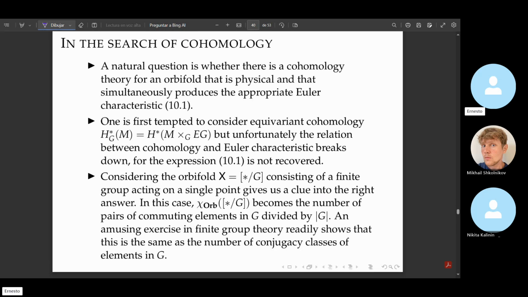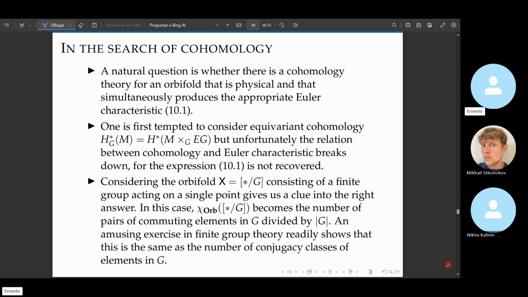Then the Euler characteristic of these orbifolds becomes the number of pairs of commuting elements in G divided by the order of G. And this, as an exercise, is the same as the number of conjugacy classes of elements in G. And so that's the orbifold Euler characteristic of these orbifolds, which will not be recovered with the very sophisticated device that is group cohomology. So there is a discrepancy here for orbifolds.